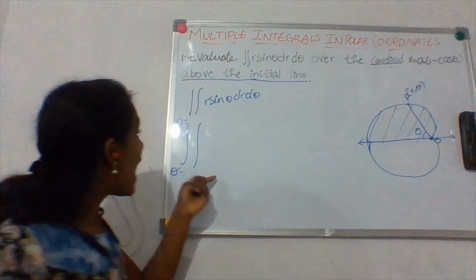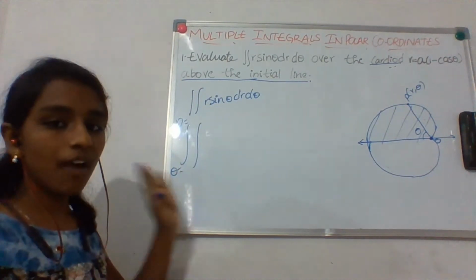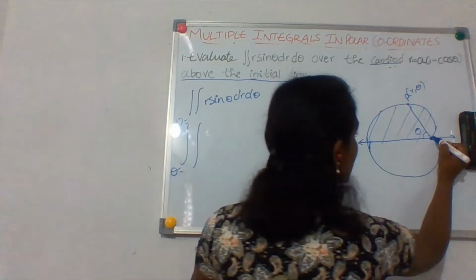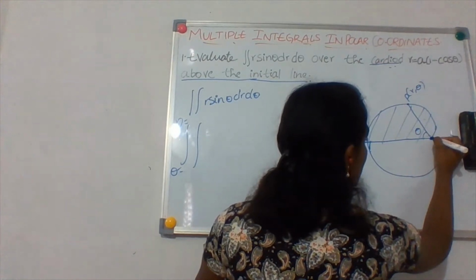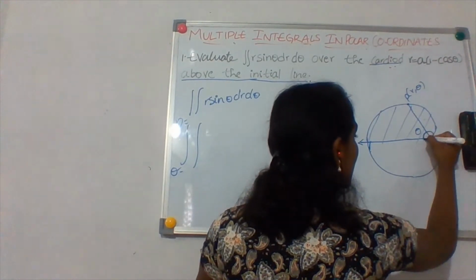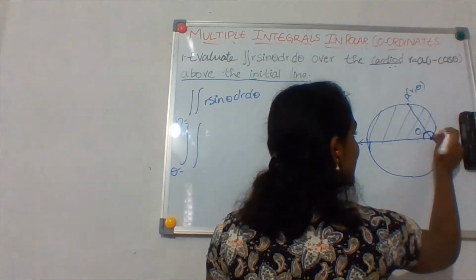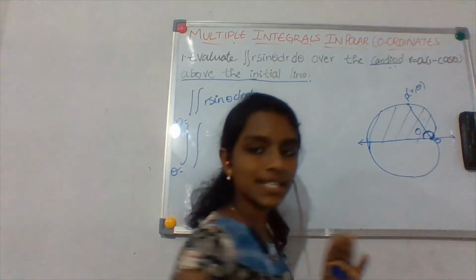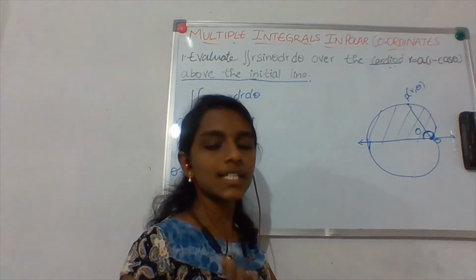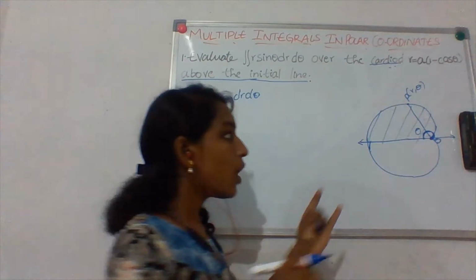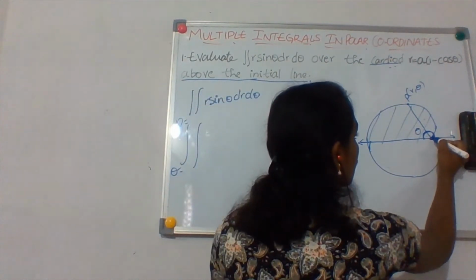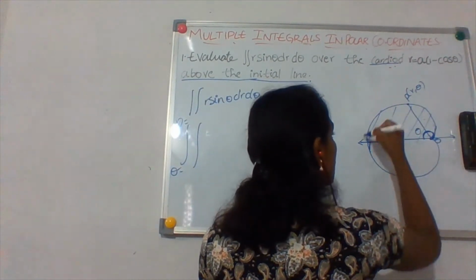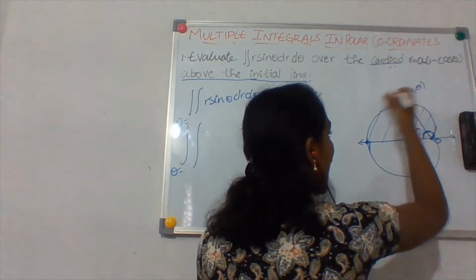So now how does the angle theta vary? This is 0. So this is rotating from here to here. So you could clearly see that this forms 180 degrees. Am I right? 180 degrees. First look at theta. So how does this theta form? From 0, moving like this till 180, half circle.